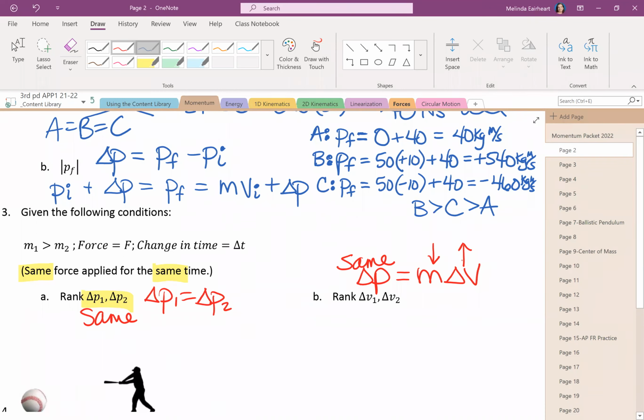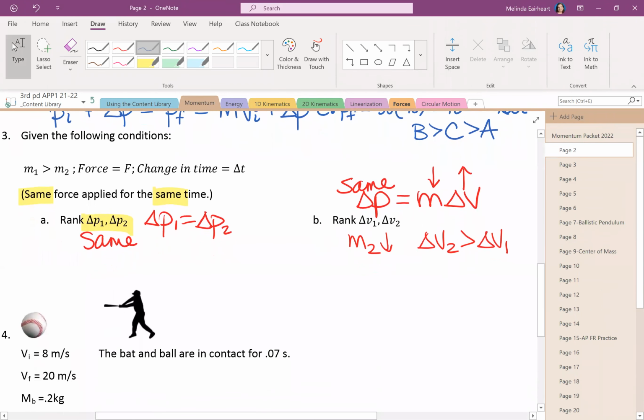It's got the smaller mass. So because M2 has a smaller mass, change in V2 is greater than change in V1. Good deal? And we couldn't take that one further, like rank their final velocities or momentums without knowing some initial information.